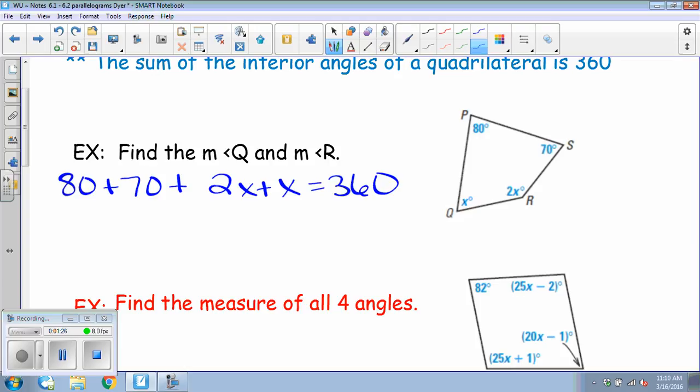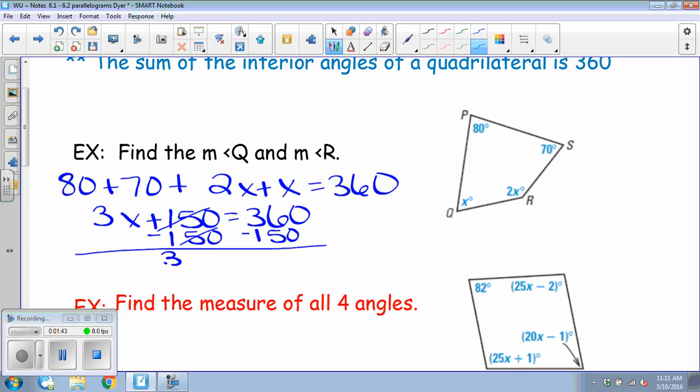So then we have 3X plus 150 equals 360. We subtract 150 from both sides, and you get 3X equals 210. Divide by 3 and you get X equals 70.